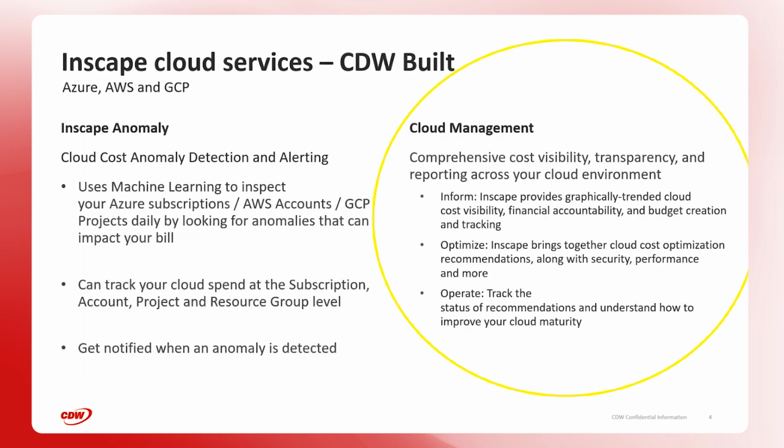And just a reminder related to cloud. Inscape is a multi-cloud platform that supports Azure, AWS, and GCP. And we have two cloud services. We have the Inscape Anomaly service, which is all around cost anomaly detection and alerting. And then we have the cloud management service focused on giving you visibility into your cloud spend with many different features that you can leverage.